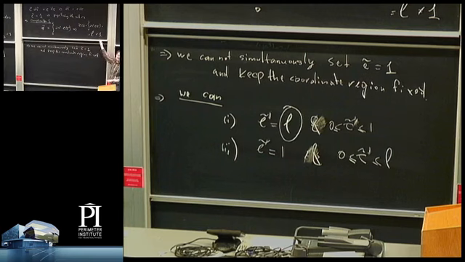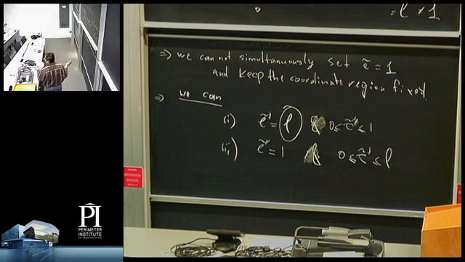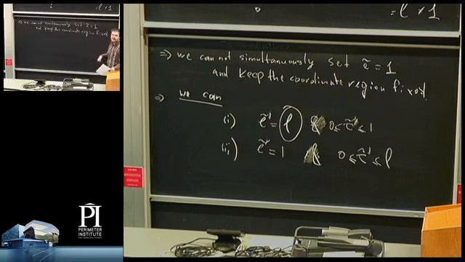And moreover, there is a geometrical meaning to this range of coordinates, right? In this gauge fixed metric, it gives us the invariant length of a circle. So we have two choices.